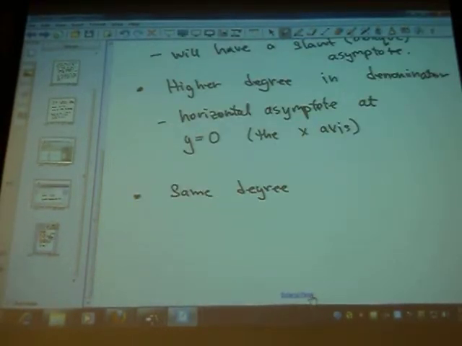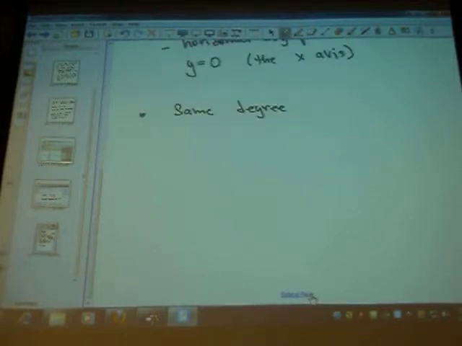Now what if they have the same degree? Okay, in that case you need to look at the leading coefficient in the numerator and the denominator. Now I hate to give you more letters, but I really don't know what else to call this.